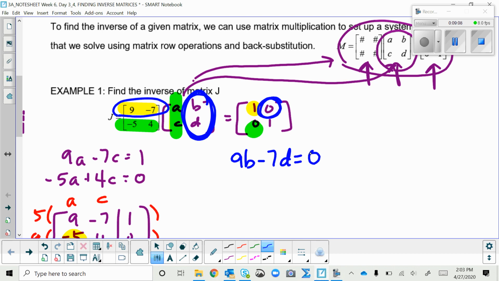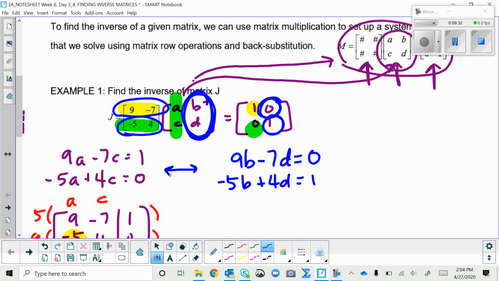Now I will do row 2 times column 2. So that's -5B plus 4D equals what this time? Equals 1. Now, what do you notice about those two systems of equations? They look exactly the same.